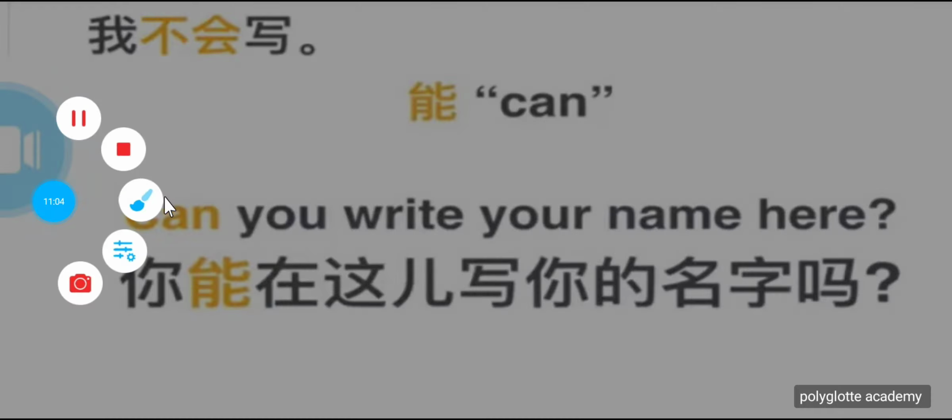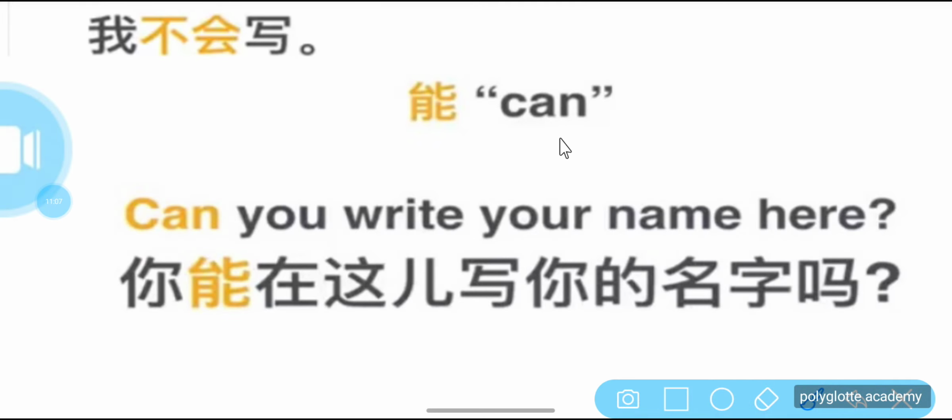We can write the complete sentence, and we start with 你.